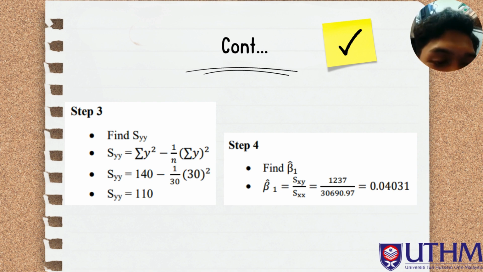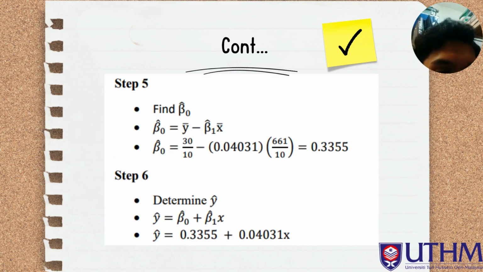For step 4, we find beta bar 1. The formula is SXY over SXX. So we got 0.04031. Next step, we find beta bar 0. The formula is y bar minus beta 1 times x bar. So we got 0.3355.